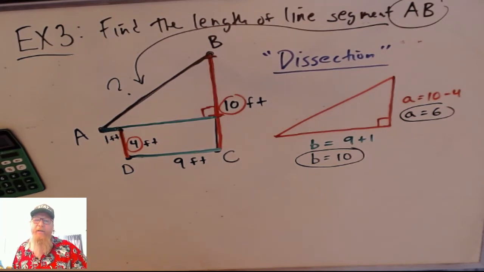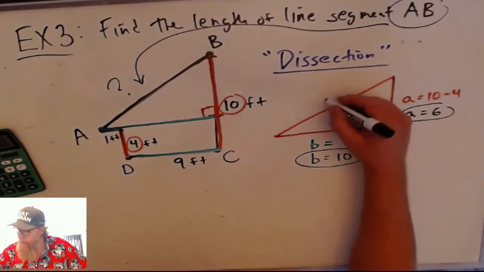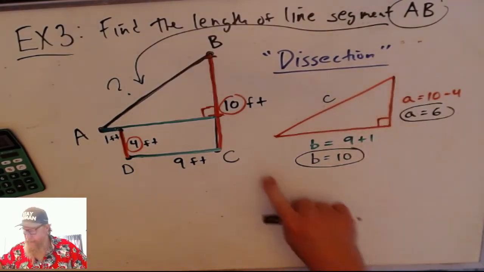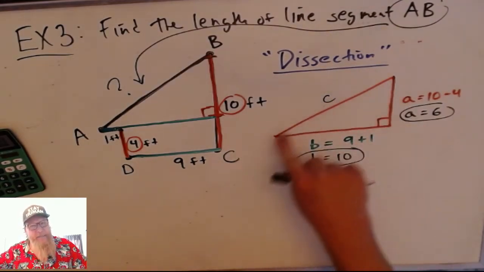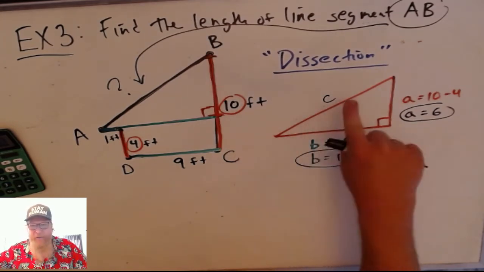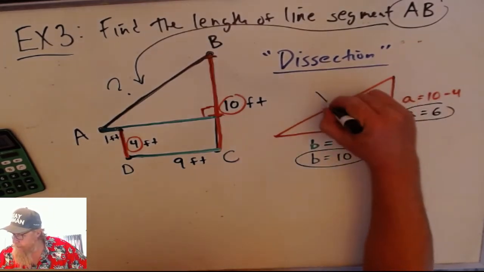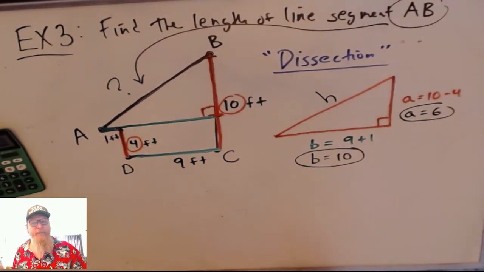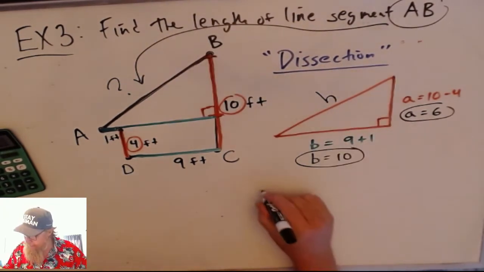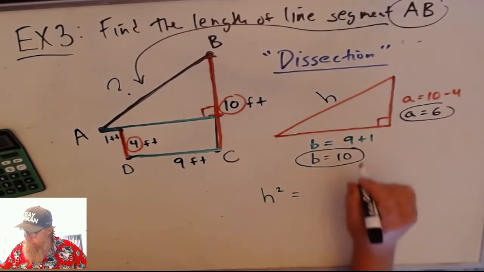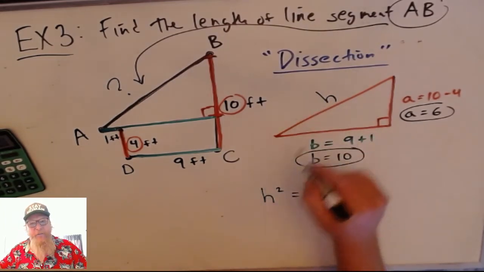So what are we looking for? We're looking for the hypotenuse C. If this drives you crazy, using the letter C two different ways, you can choose a different letter. We can call it H. If it doesn't bother you, then keep it as C. I might as well use H for hypotenuse.